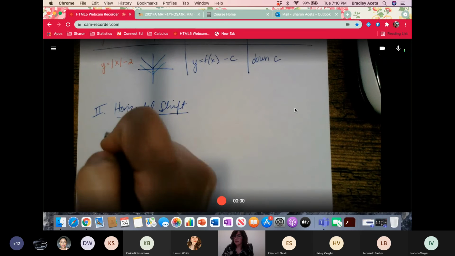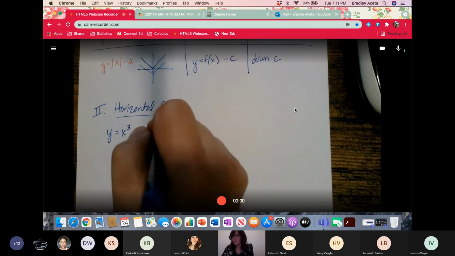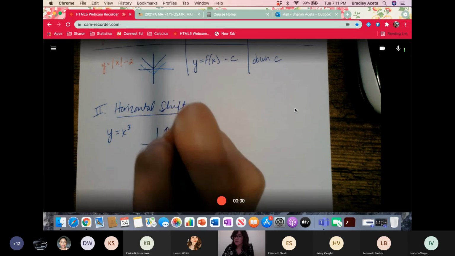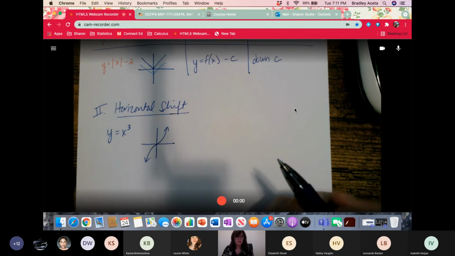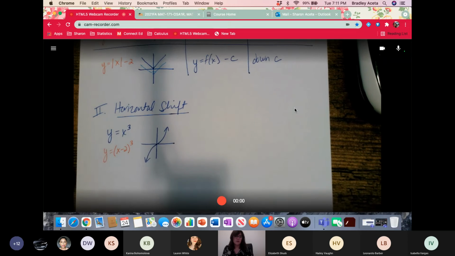So let's take y equals x cubed. Okay, so y equals x cubed looks like this. Starts down, goes through the middle, and curves back up. Well, what if I did x minus 2 in parentheses and cube it? So it's still a cubic function.